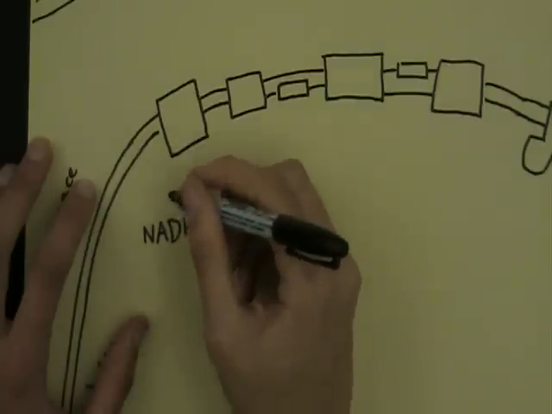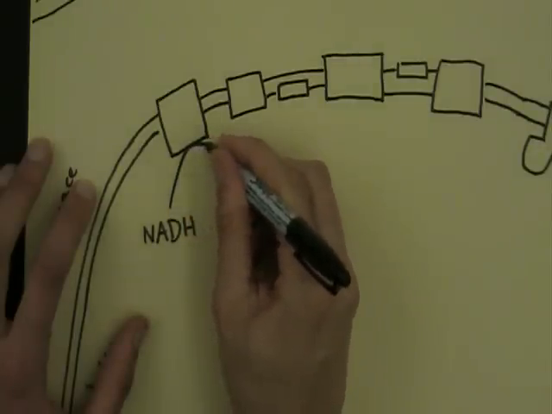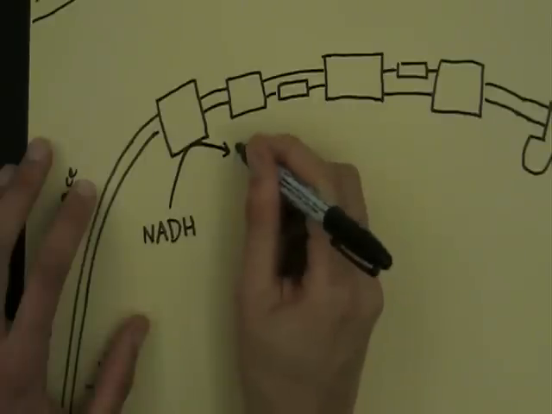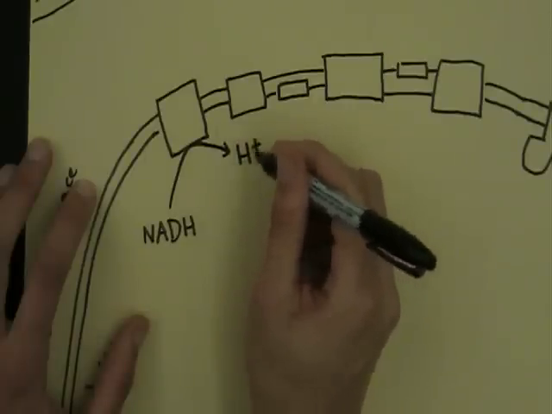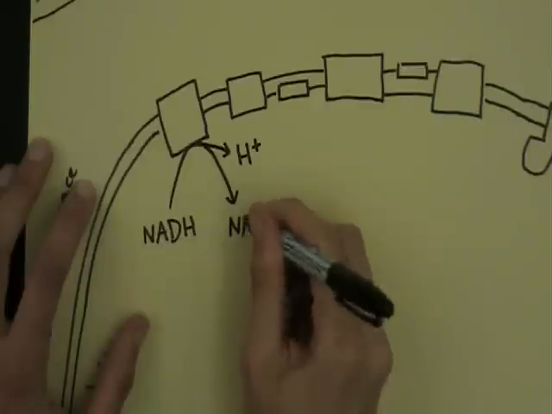So the NADH gives up its high energy electrons and is converted into hydrogen ions and NAD+.